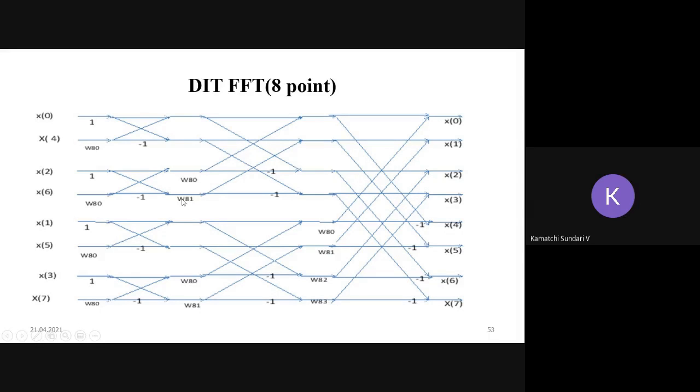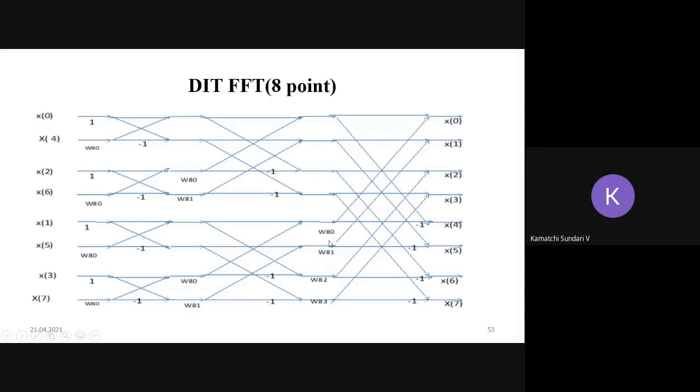Similarly at the input of the second stage, the twiddle factors are W8 power 0 and W8 power 1 in the third and fourth lines, and similarly W8 power 0 and W8 power 1 in lines 7 and 8. Before the input of the third stage, we have twiddle factors in the last 4 lines: W8 power 0, W8 power 1, W8 power 2, W8 power 3.